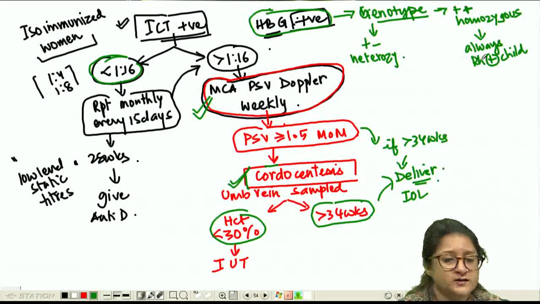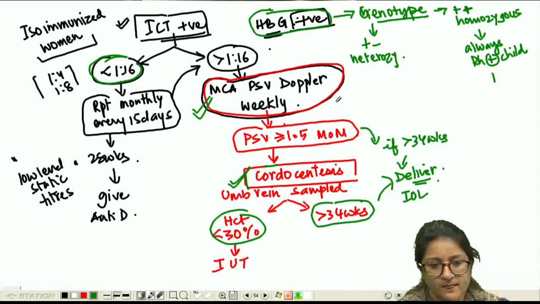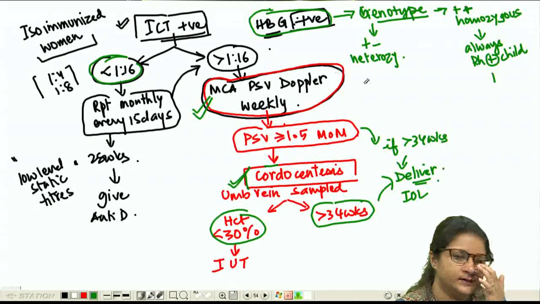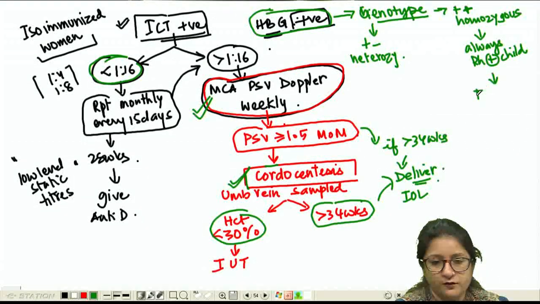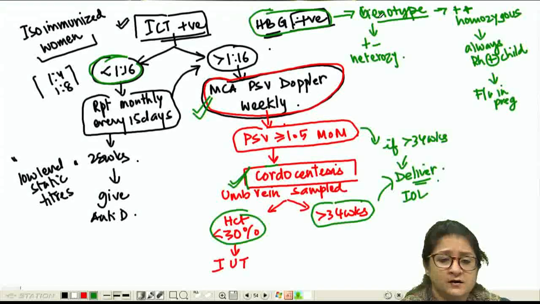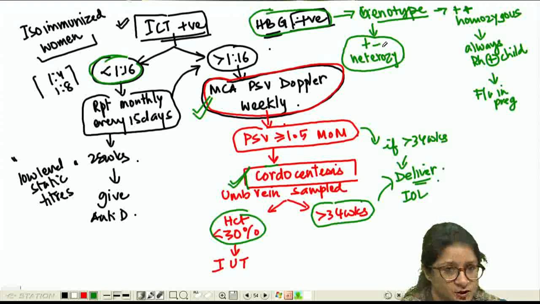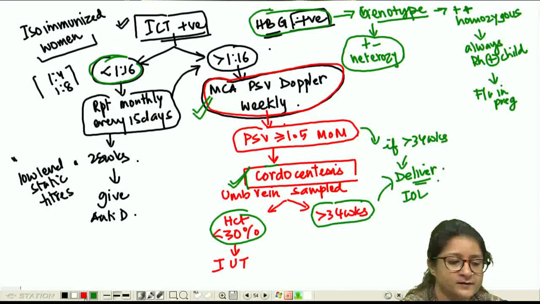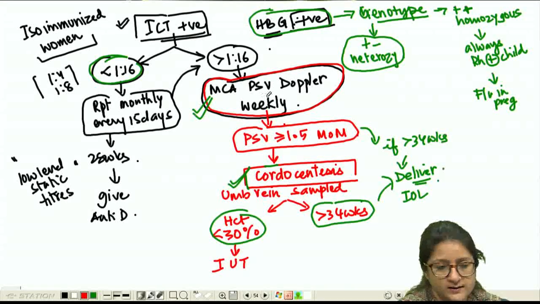So if there is always going to be an Rh positive child, we go with this critical titer value, and we go for the follow up in pregnancy. However, if the father's genotype is heterozygous, there is still a 25%, 1 in 4 chance, that the fetus could be Rh negative, and then that fetus does not deserve so much MCA Doppler and extensive monitoring.